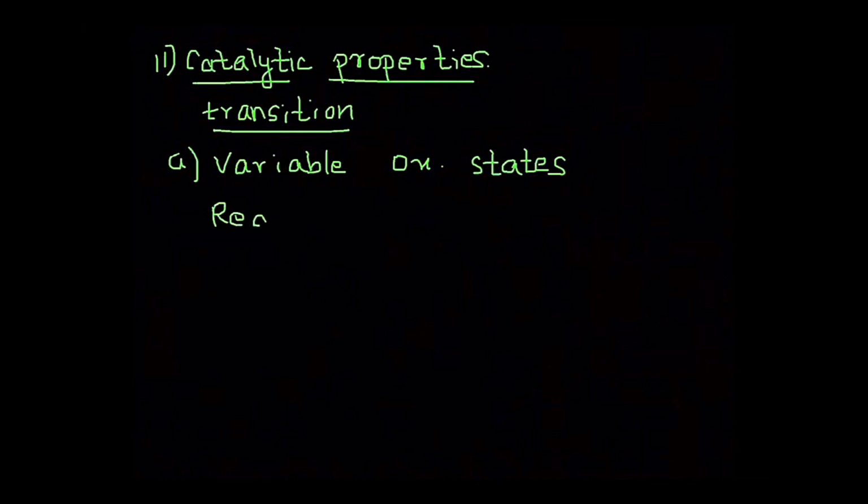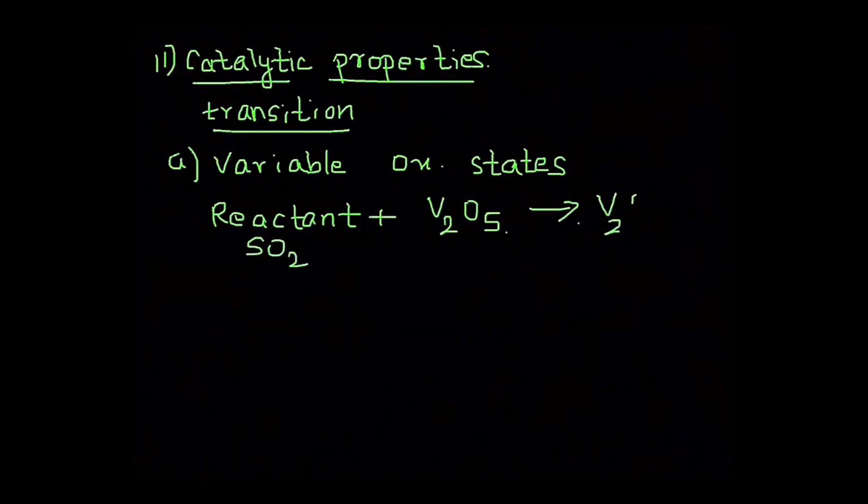So let's suppose there's a reactant and we use vanadium pentoxide in the contact process. What can happen is that the oxidation state of vanadium here can change in the presence of sulfur dioxide to form V2O4. And this V2O4 again on coming in contact with oxygen can change back to V2O5.